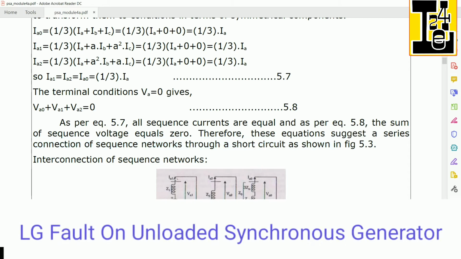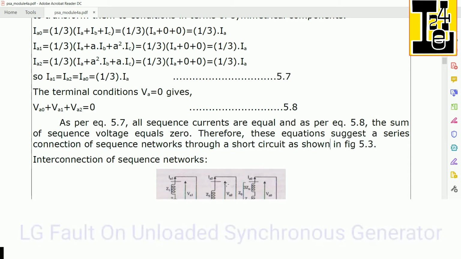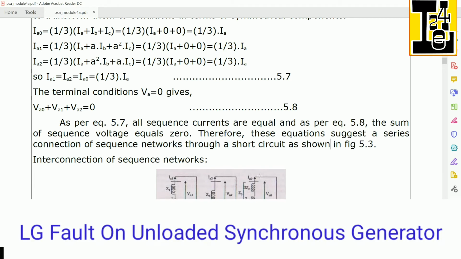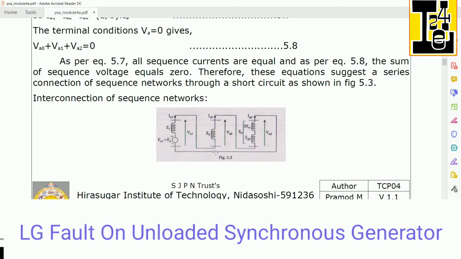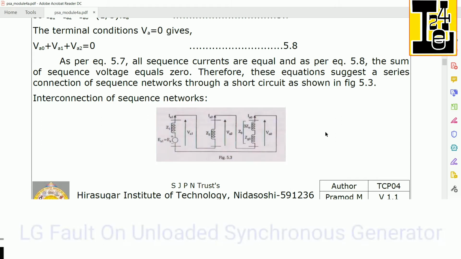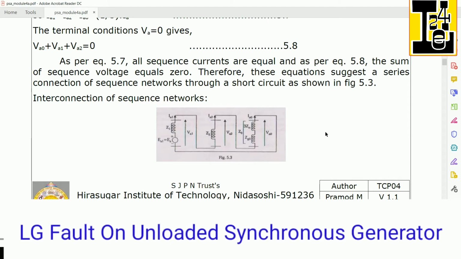You can observe here the positive sequence network, the negative sequence network, and the zero sequence network of the synchronous generator, all connected in series via a return short circuit. This is the interconnection of the sequence networks in an LG fault, which is very essential for problem solutions. When numericals are given, you need to remember this one.